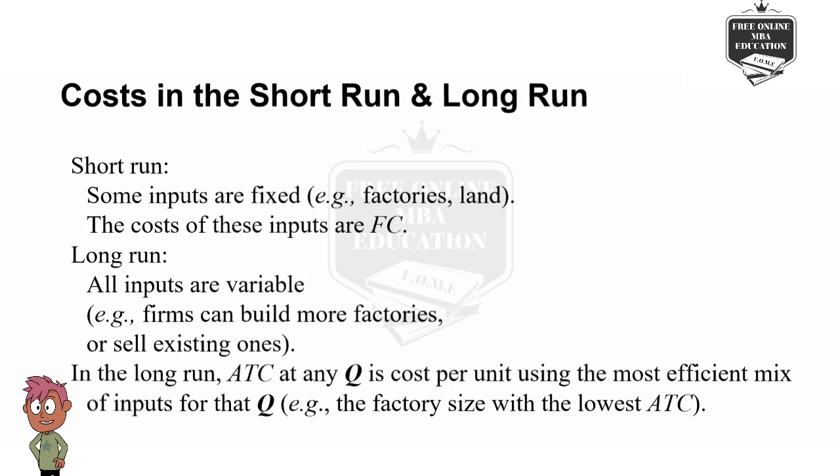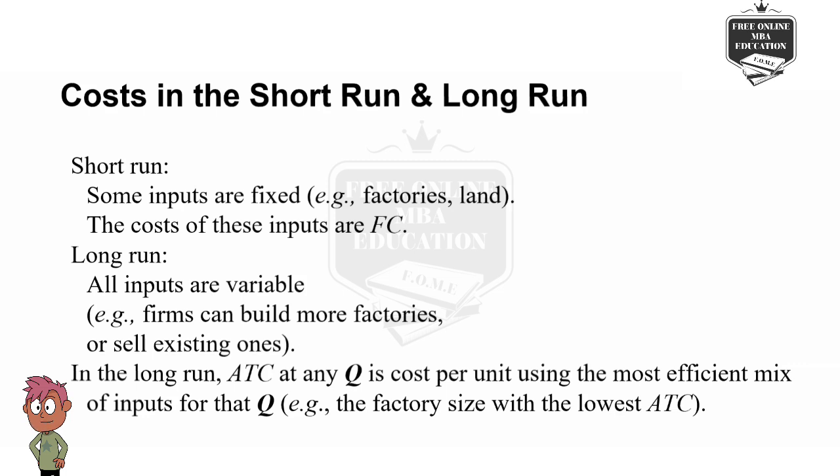In the short run, within the given factory size, you can only increase or decrease your variable input to make more or less of what you want to make. The cost of these inputs, which are fixed, is known as fixed costs. So whatever rent you are paying for your land, or whatever size of factory you have and the cost involved to run that factory becomes your fixed cost.